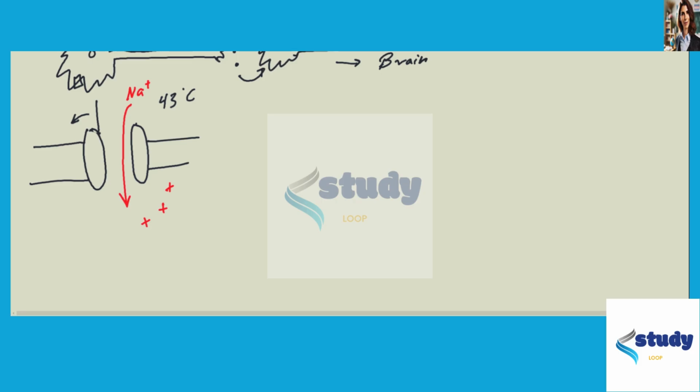Since neurons are very specific based on, say, temperature or touch or some other specific stimulus, this is going to be perceived as a temperature change and won't be confused with, say, a touch receptor or a stretch receptor. It's very specific. For part B, we have an agonist instead of just a temperature change.